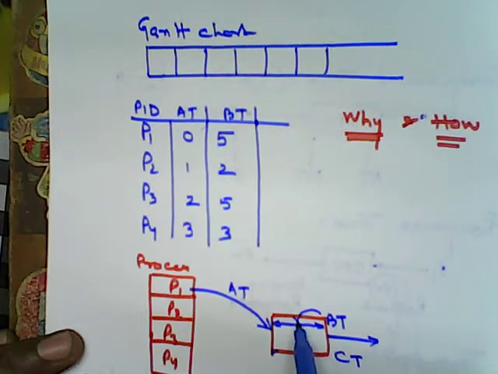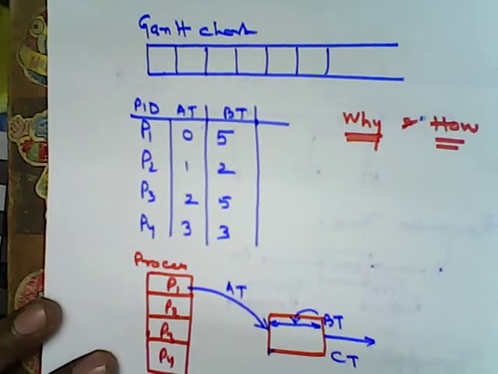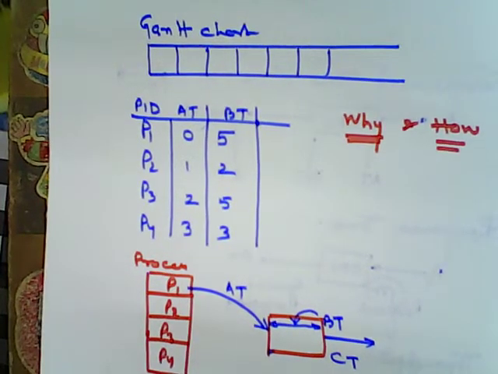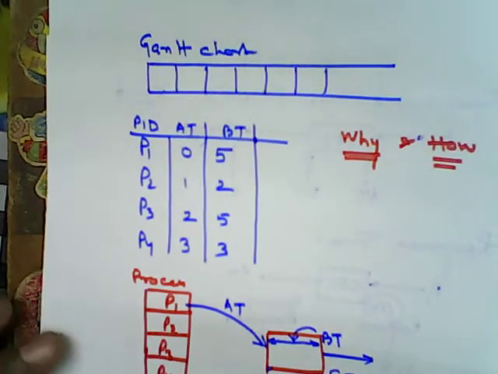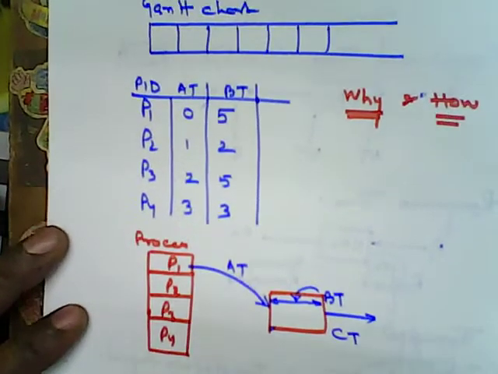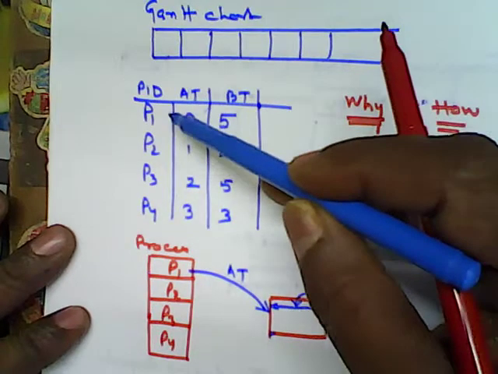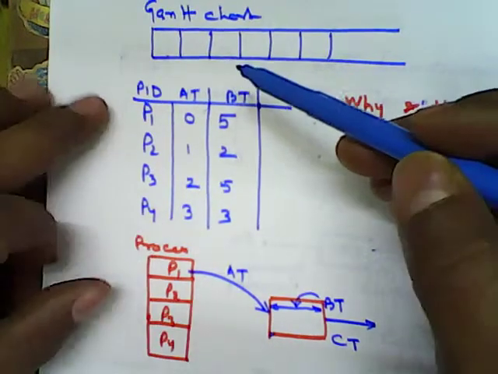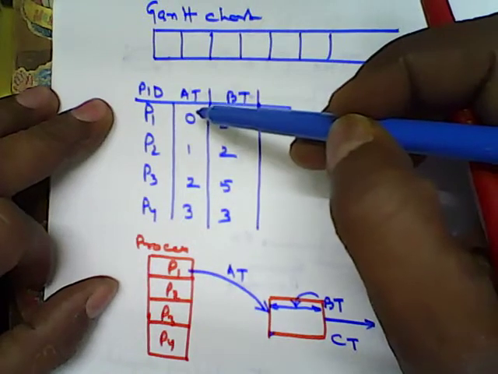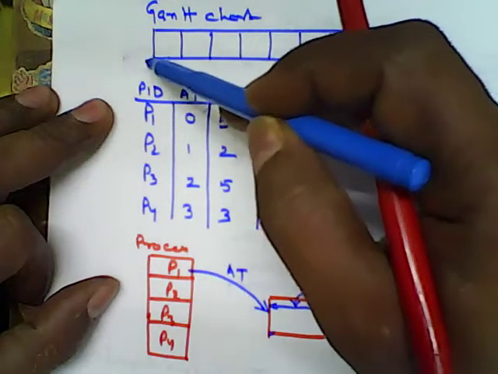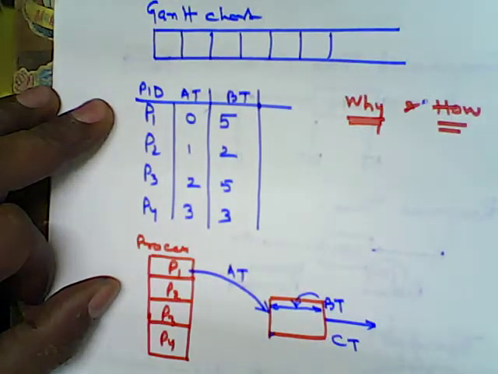So let's see here like this. When the first process P1 arrives at the CPU, this is the initial process the CPU takes into account. So the arrival time of the process P1 is 0.